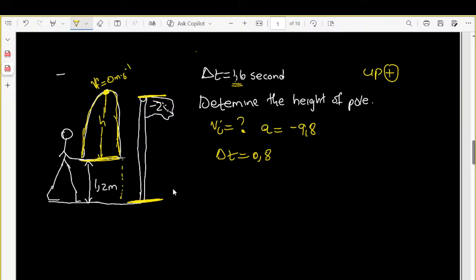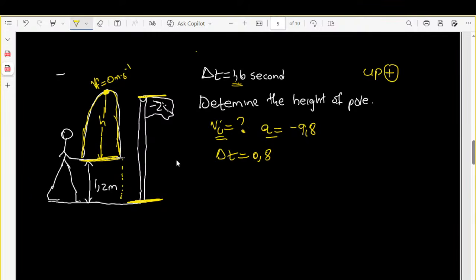I'm not sure if you understand that part, but now what we're going to do is say, okay, I have v initial, I have acceleration.